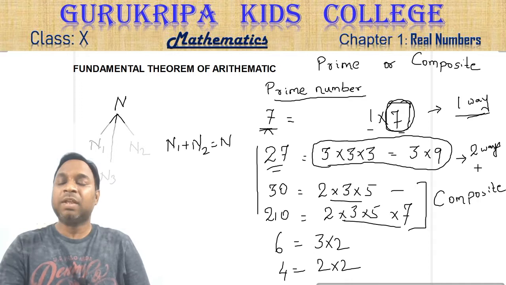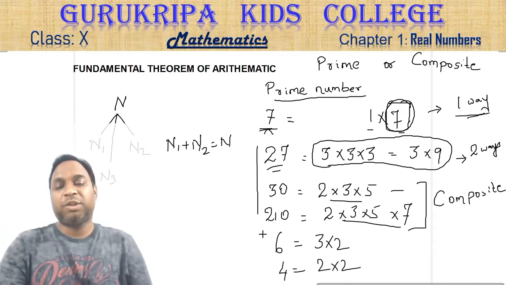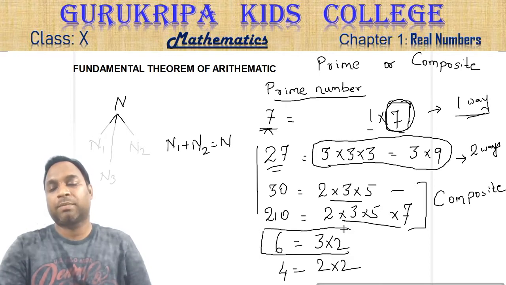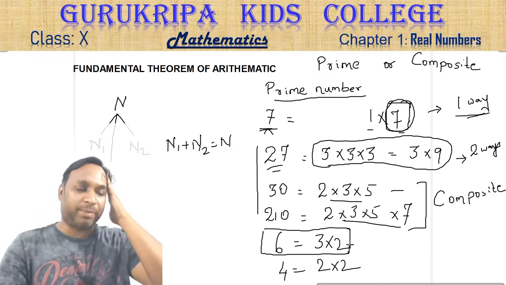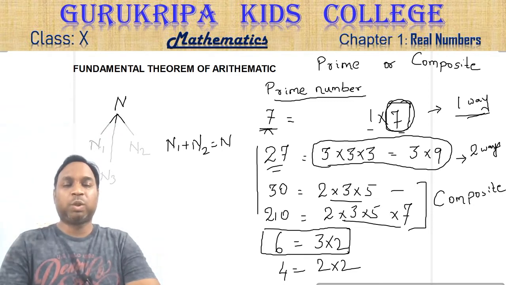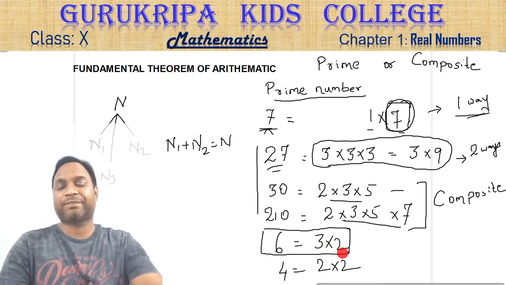Okay? Now, see the special thing about the composite numbers. 6. You have expressed it as a product of 3 into 2. Now, on the right hand side, 3 is a prime number, 2 is also a prime number. So, we have expressed a composite number as a product of primes.